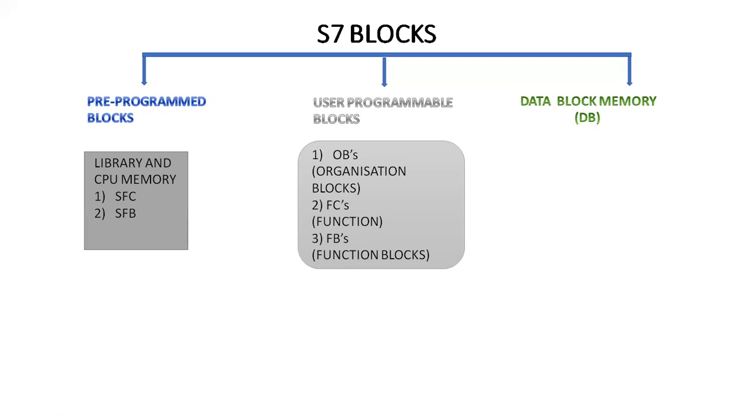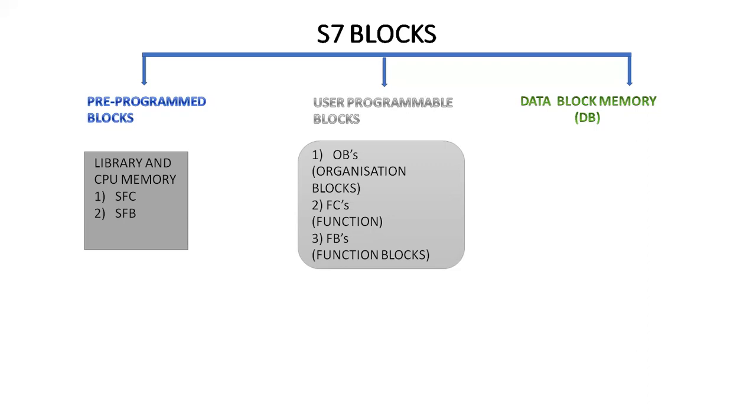Because we will have a large number of networks. If you have to go to the logic for machine number 7, you have to scroll down to network number 500 something. Suppose each machine has 100 or 150 networks of program. It looks very complex, and if you have to disable any machine program, it will be difficult again.